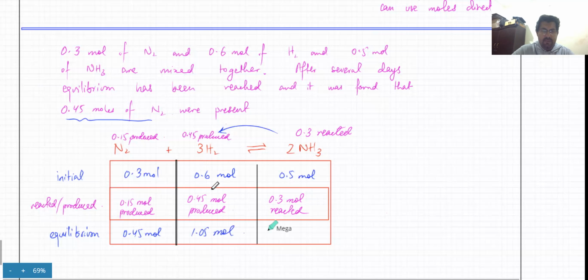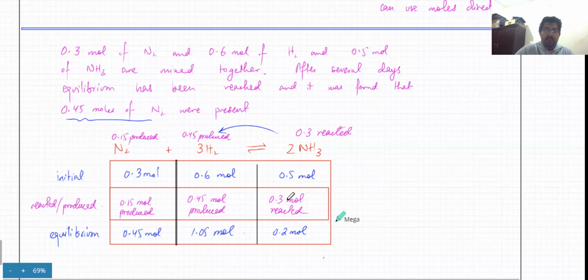And over here, initially I had 0.5. Now 0.3 I have reacted. They're gone. So what do I have? I have 0.2 moles left in my container.